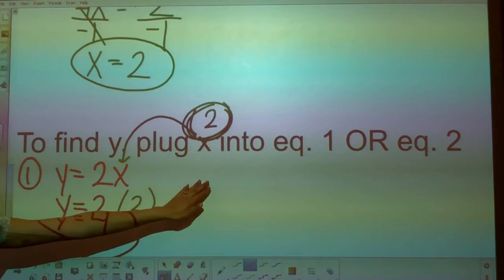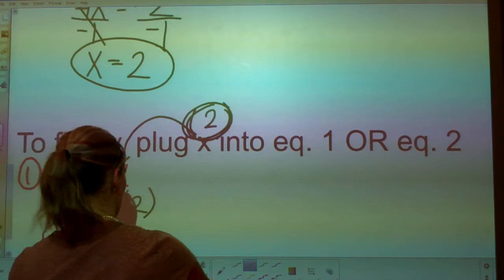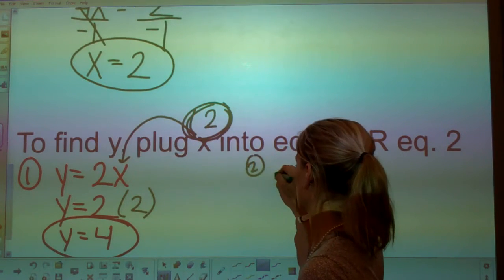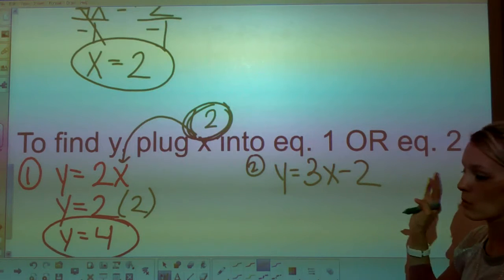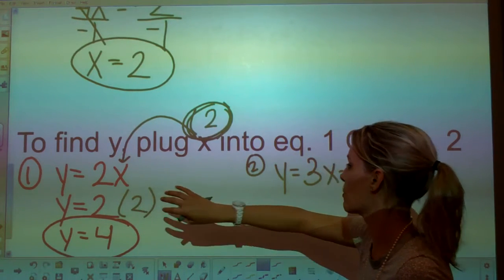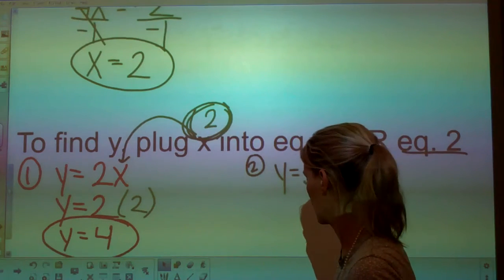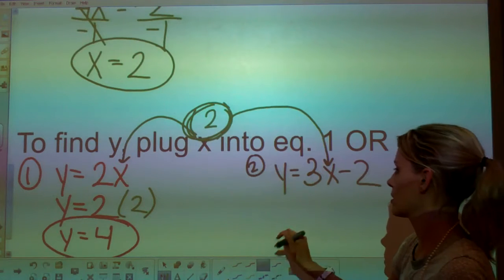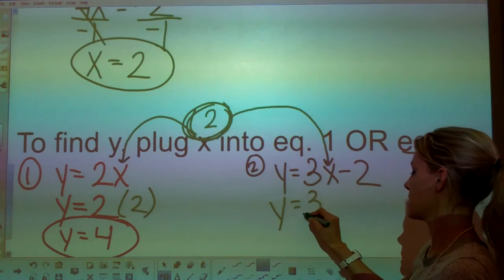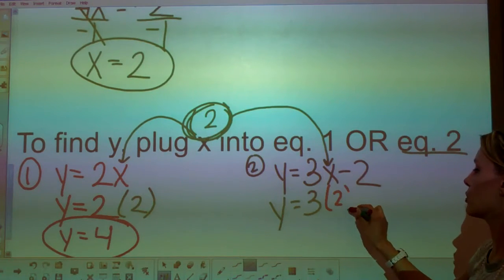Let's see if we would have found the same number if we would have used equation number 2. That equation was y equals 3x minus 2. So we're going to do the same thing that we did here, but we're going to check equation 2. So again, we know x is really 2. So to rewrite y equals 3, substitute the 2 in for your x.